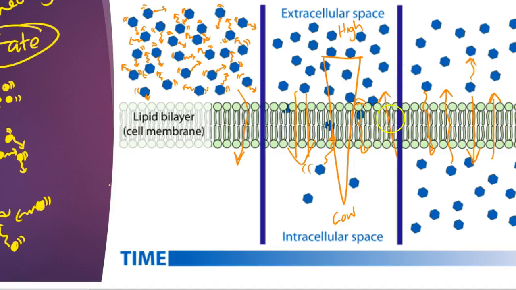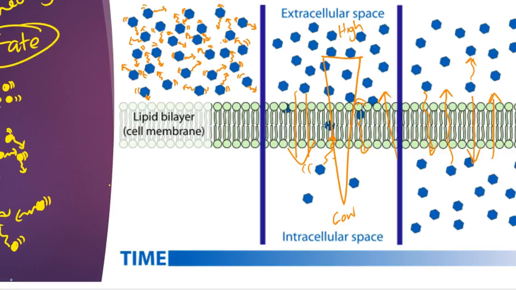So overall, the net movement now is going to be 0. Because there's an even number on both sides, the amount of movement in and out is going to be the same. And essentially that's how diffusion works. Because particles are naturally moving, they will end up diffusing until they're evenly spaced in an area that they are able to move around in.